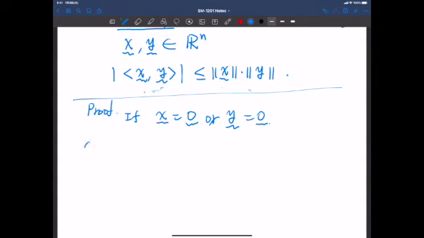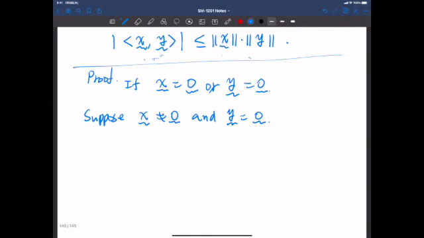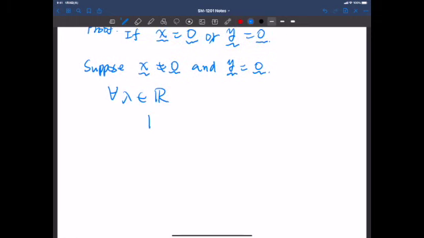So suppose both are not 0. x is not 0 and y is not 0. Okay, then for any real numbers lambda, we have this inequality. This should be trivial.